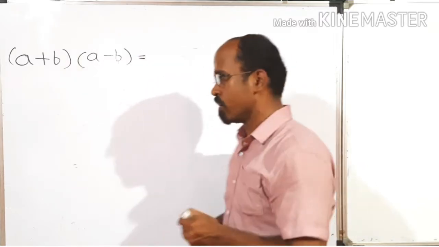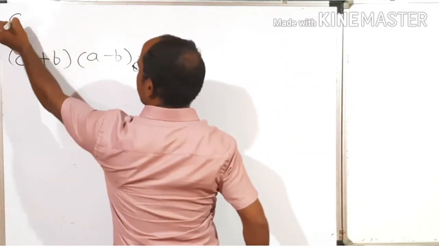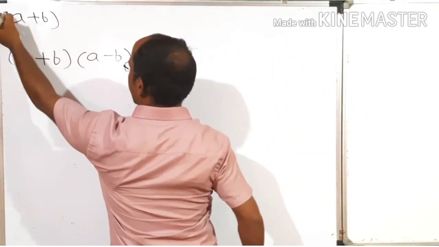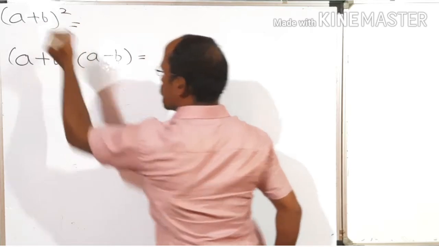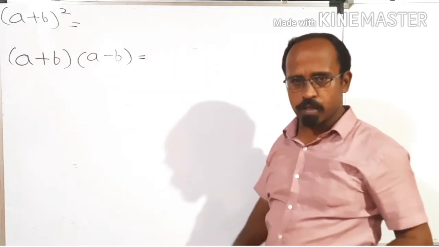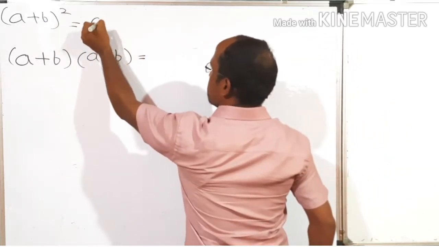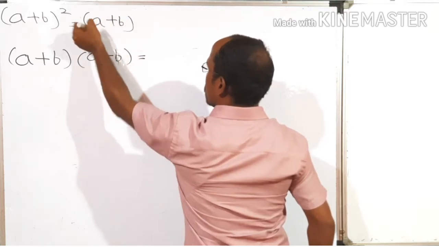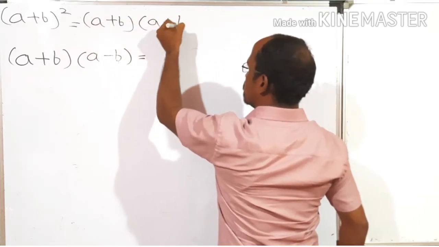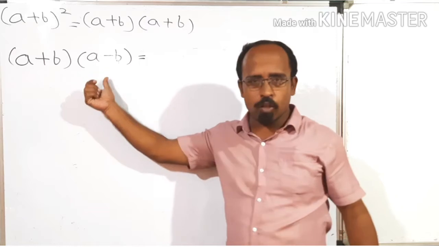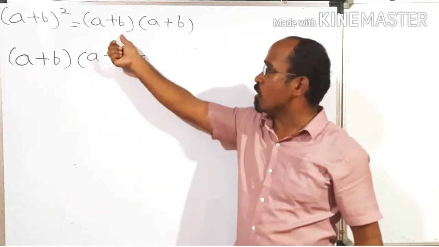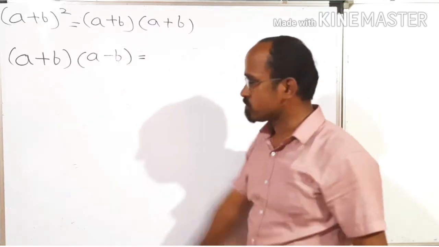Let us see how. We derived a formula for (a plus b) square, right? So what is the meaning of this (a plus b) square? It is nothing but a plus b multiplied by a plus b, right? Here also two brackets are multiplying, here also two brackets are multiplying.